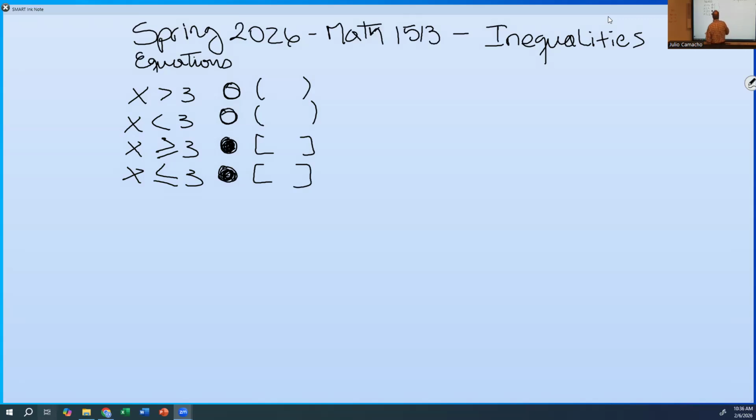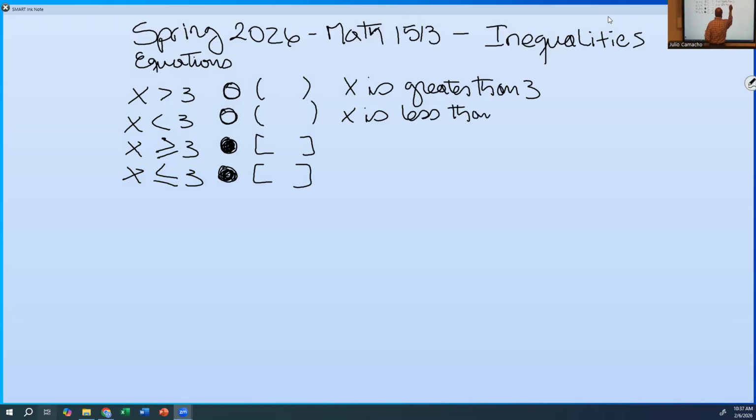This first one means that x is greater than 3. The second one means that x is less than 3. The third one says that x is greater than or equal to 3.